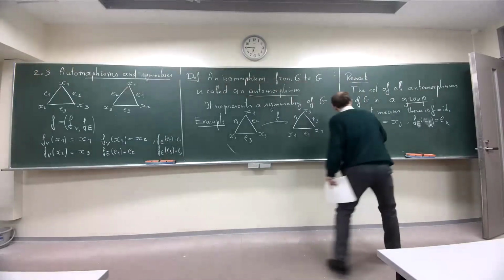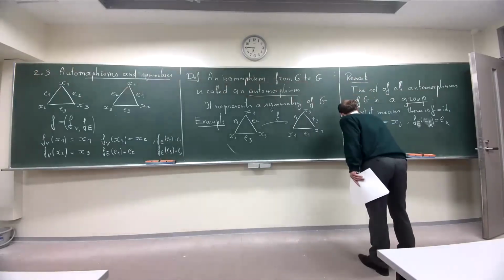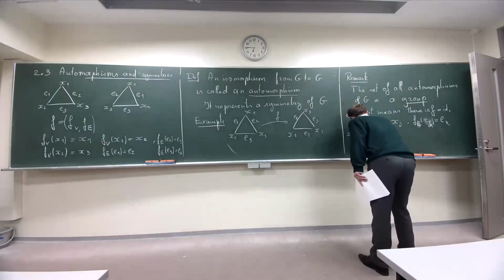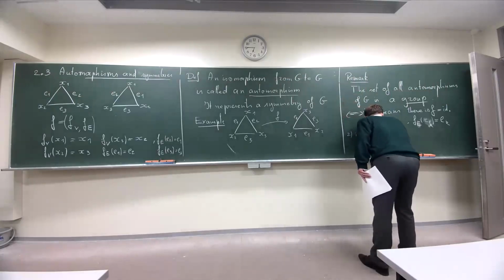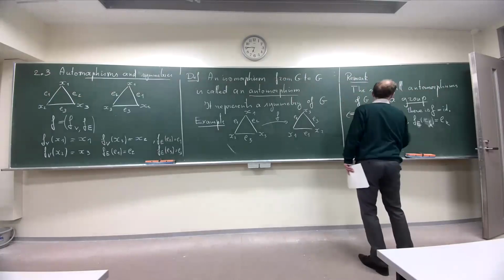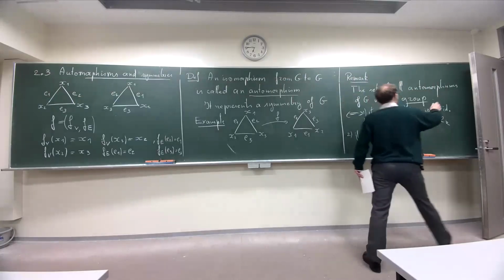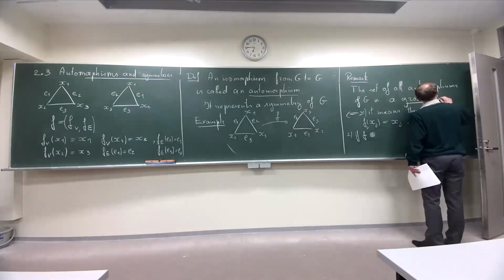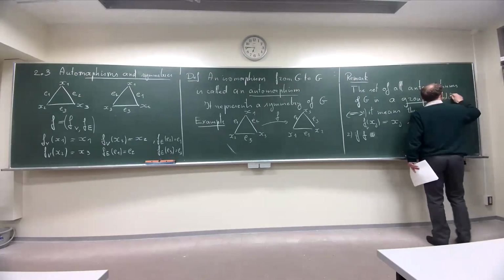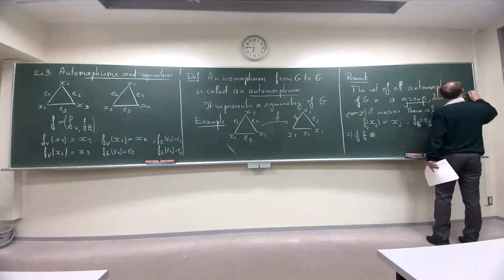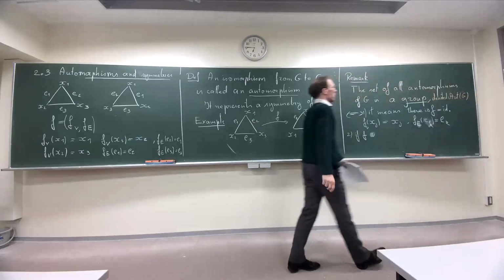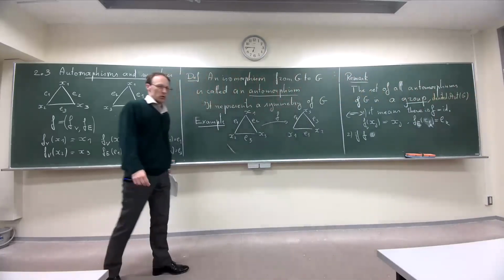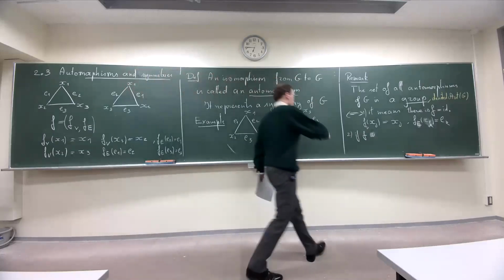Then check, so this is the first thing. I give a name: this group is denoted Aut of G. Aut is for automorphism.